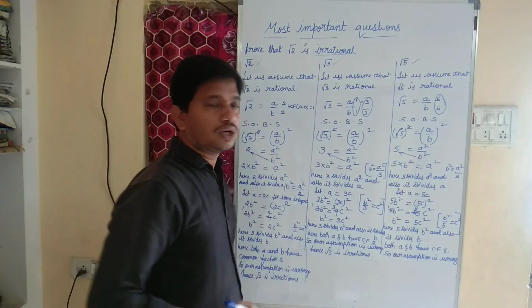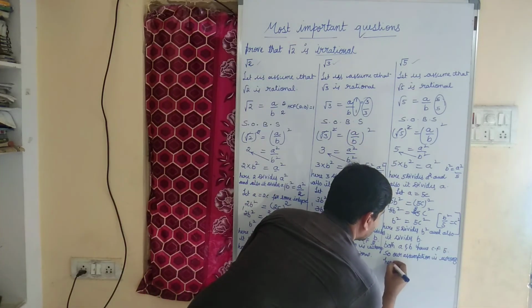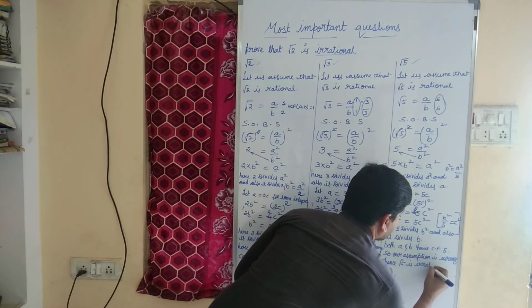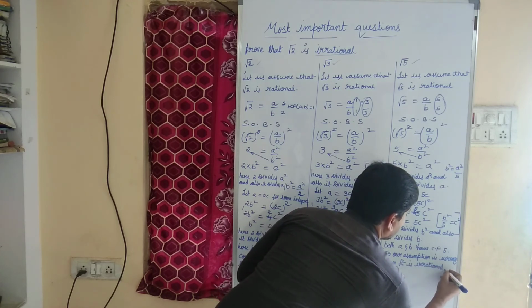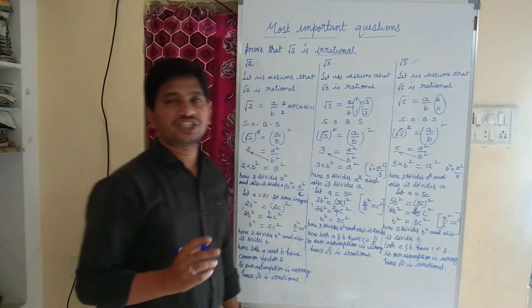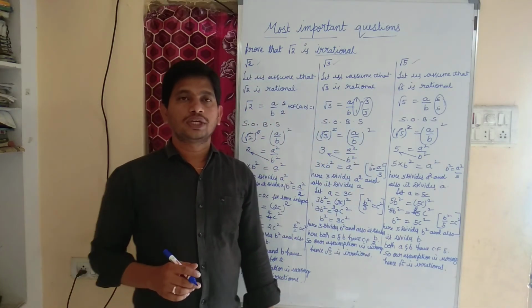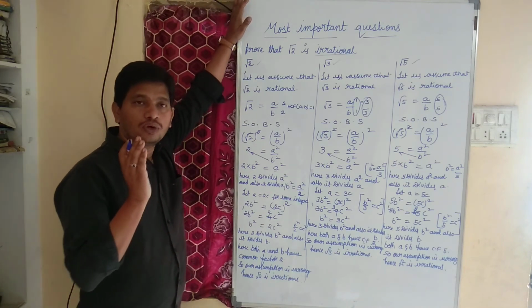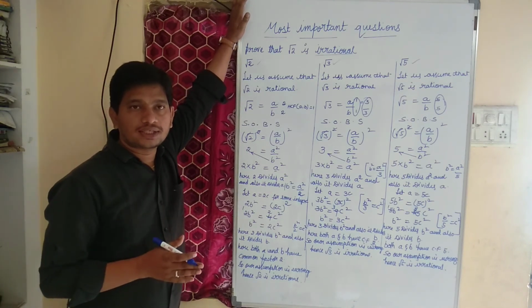So our assumption is wrong. Hence root 5 is irrational. Children, I hope you understood the concept that root 2 is irrational, root 3 is irrational, root 5 is irrational.